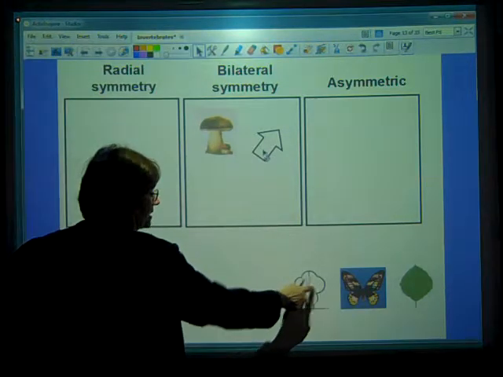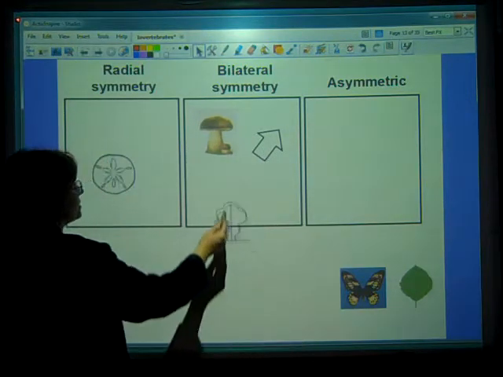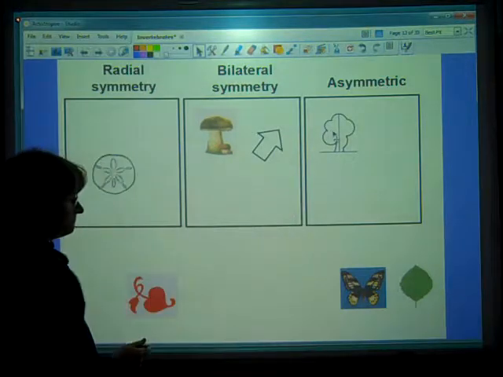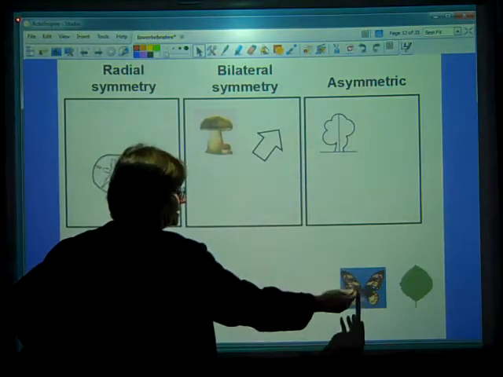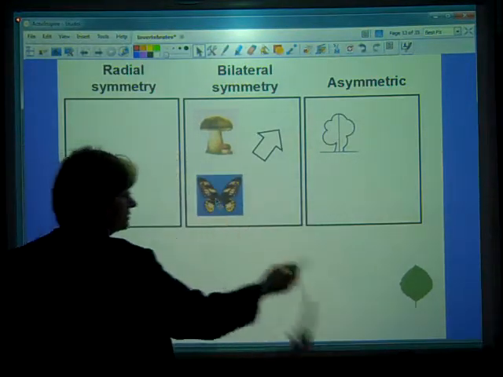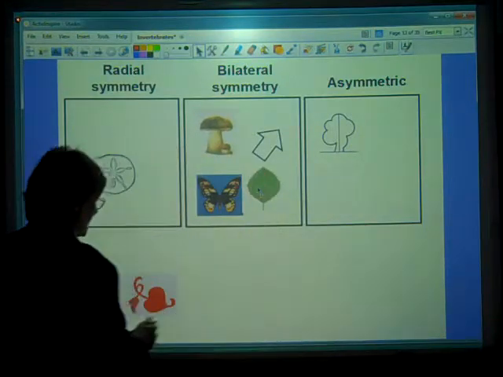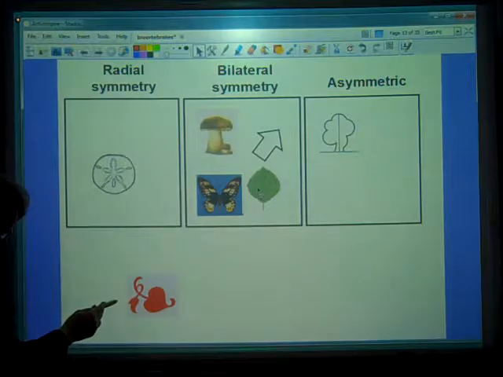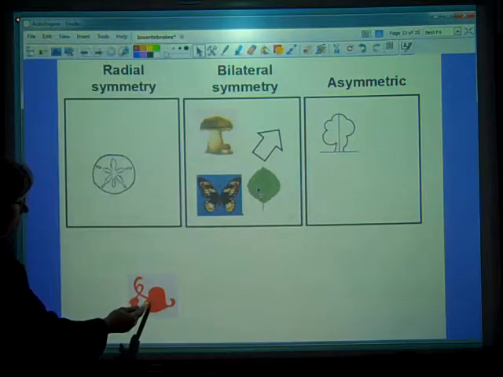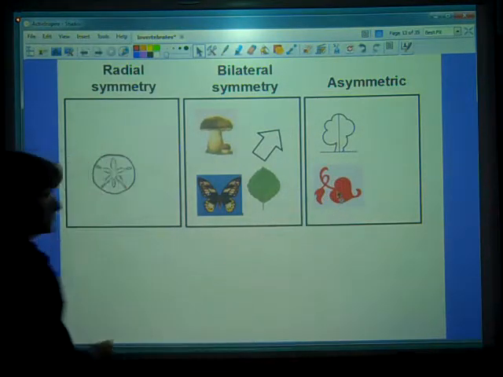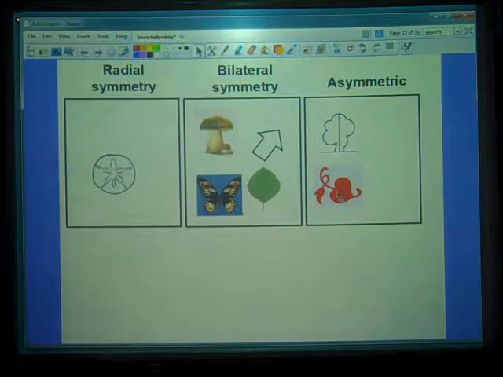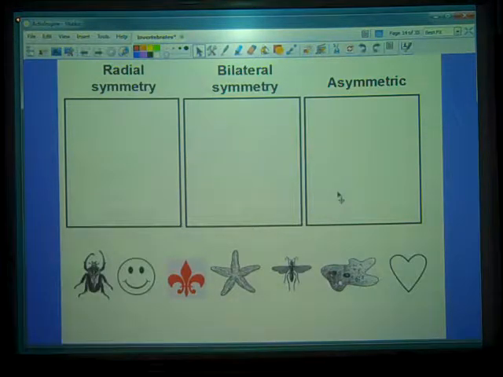This one is not the same if we do that, so asymmetric. Draw a line right down the center, bilateral. This would be pretty close to bilateral, about the same. This one, it's not going to be the same, asymmetric. See if you can figure out what these are going to be.